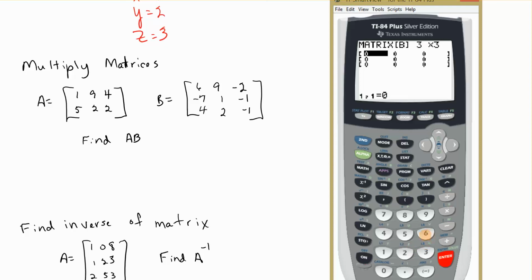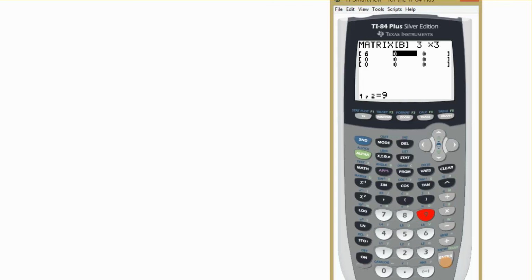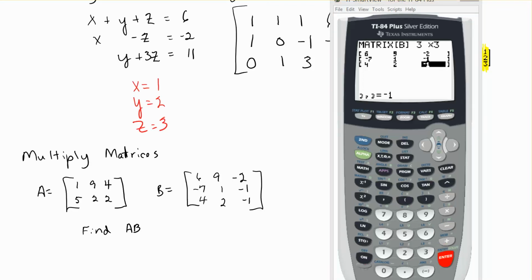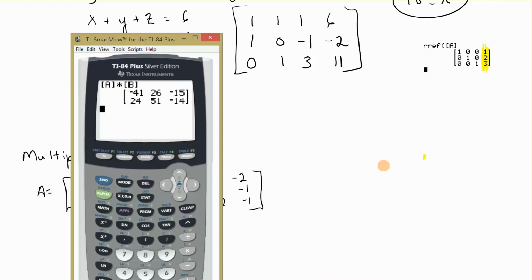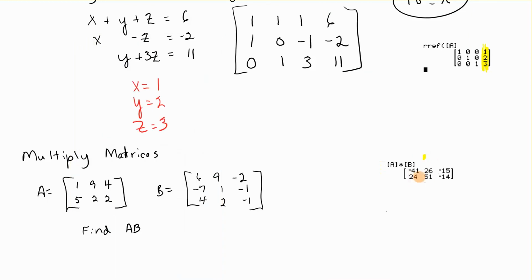And now I got to put these in. So I've got that one in, and I second quit. Now all I want to do is tell the calculator to find the product of A times B. So I go get the name, A, hit my multiplication sign, go back and get B. And I enter, and that would be my answer. So that's my answer when you multiply the matrices.